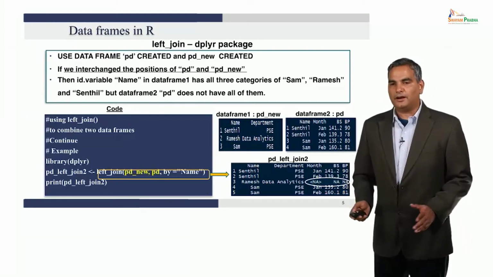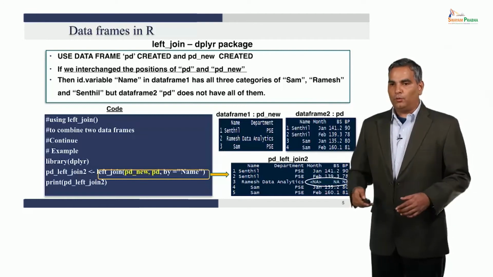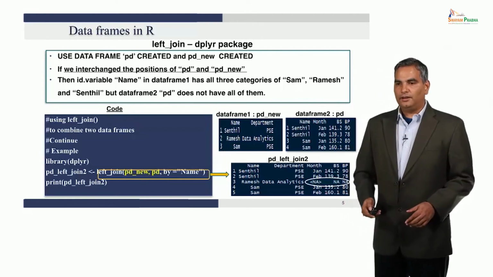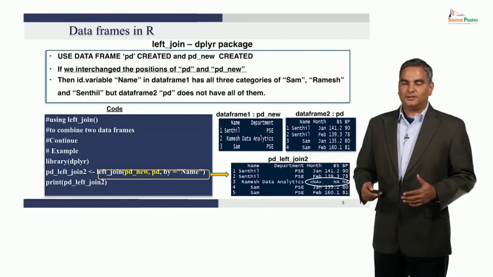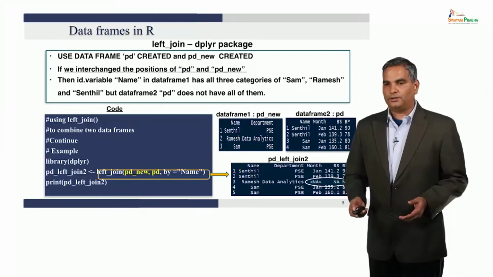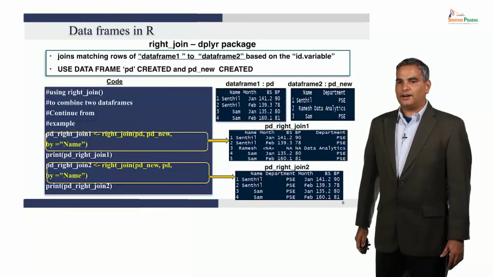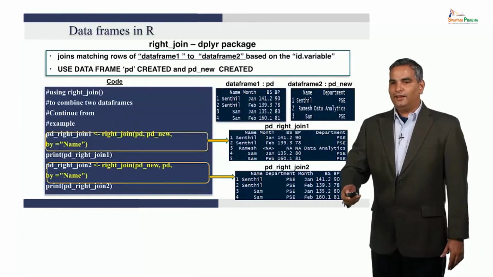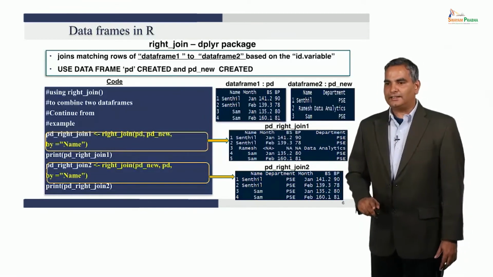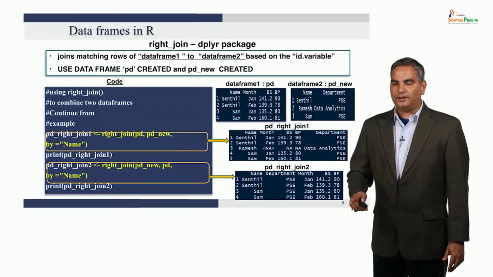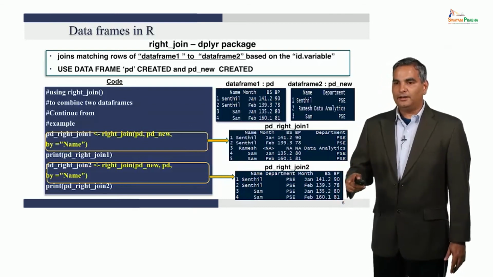There are many commands within the data frame that you can look at. I'm going to explain one more command, which is right join, to give you a good flavor of how this works. And then I leave you with several commands that you should play around with in R to understand this better yourself. So let's look at right join. Here I have PD new by name. What happens in right join, similar to left join, is that whatever is on the right side, the second element, is the reference now.